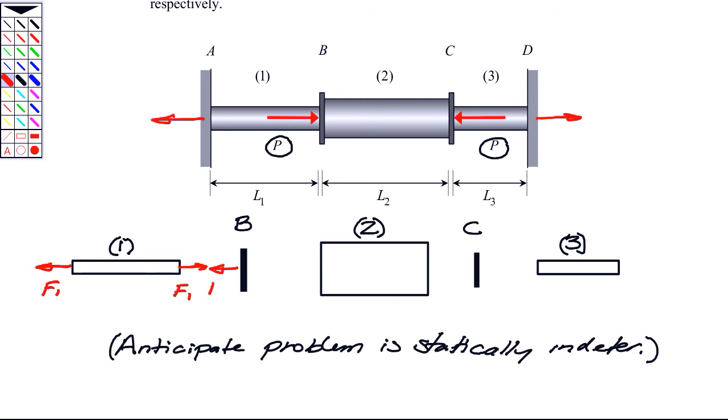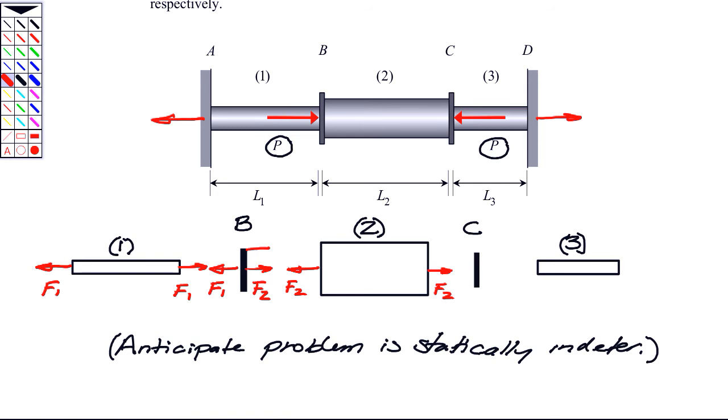Then the force on coupler B is equal and opposite, F1. Then the load that's carried by member 2 would be called F2. Newton's third law says there is an equal and opposite force on the connector B.